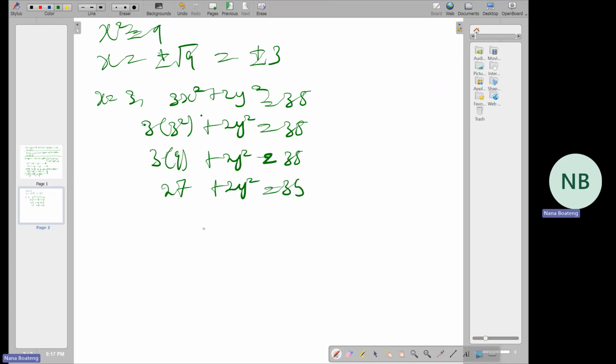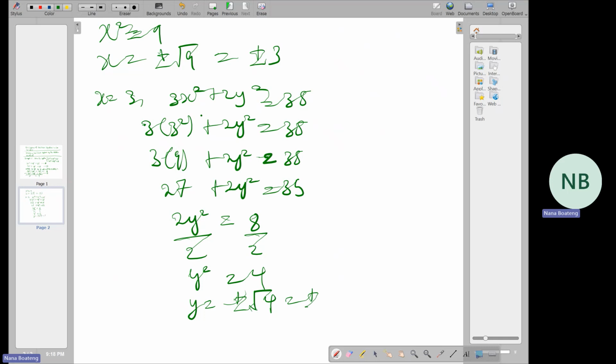If we subtract 27 on both sides, then 2y squared is equal to 35 minus 27, which is 8. Dividing both sides by 2, y squared is equal to 4, which means y is equal to plus or minus the square root of 4, which is plus or minus 2.